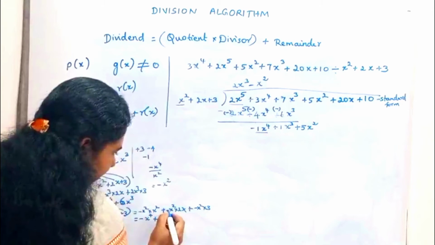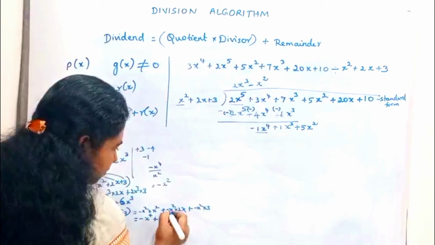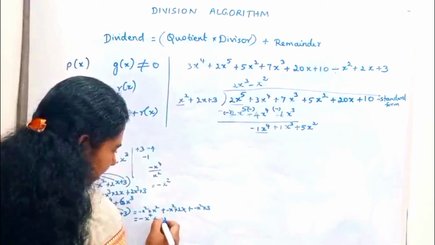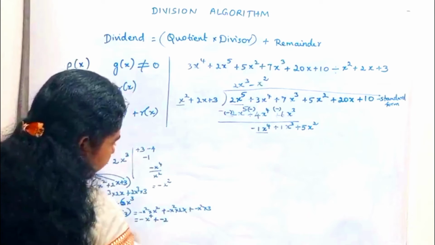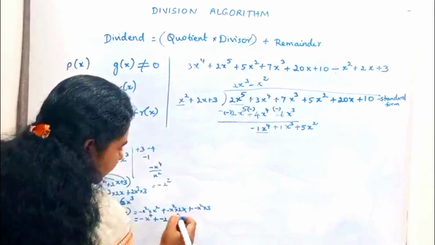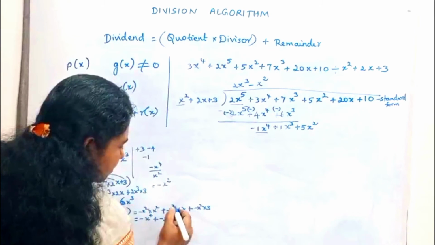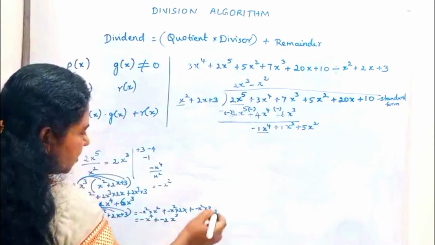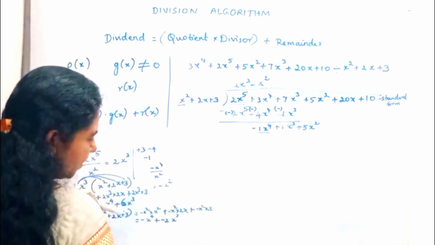Here there is a minus sign and here it is plus, so one number has a negative sign, and we have to write a minus in front. So x square into x becomes x power 2 plus 1, so it becomes 3. This multiplication and all we have seen in the multiplication topic.